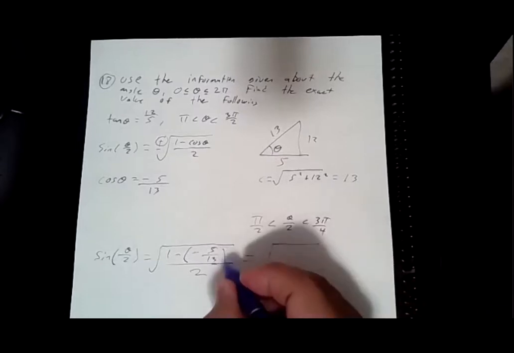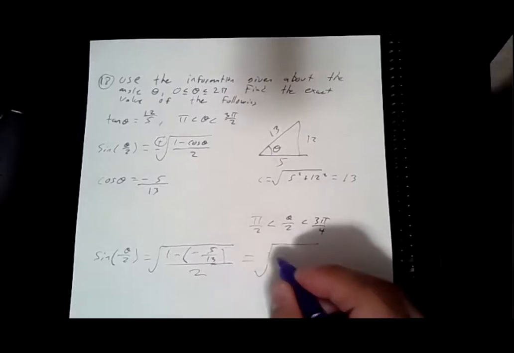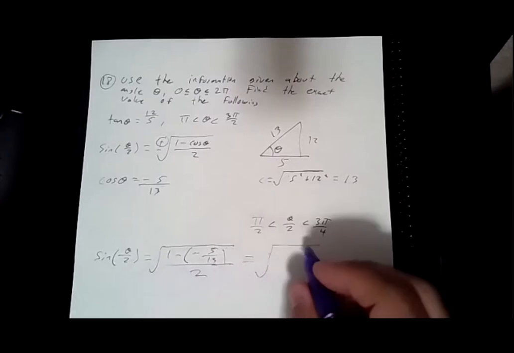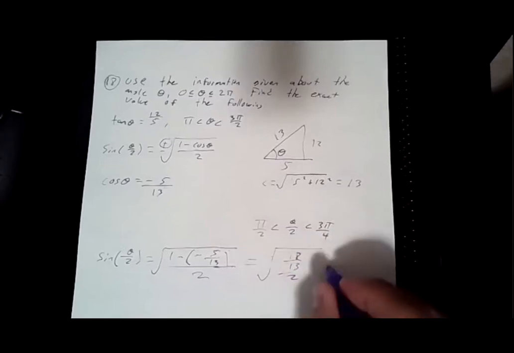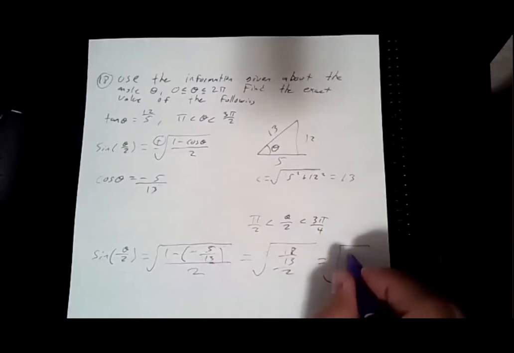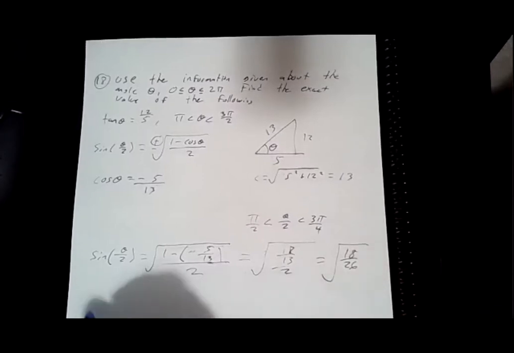So that'll be 1, so 13 plus 5 would be 18 over 13 over 2, which is 18 over 26. So now we reduce the square root. And I think we should get it.